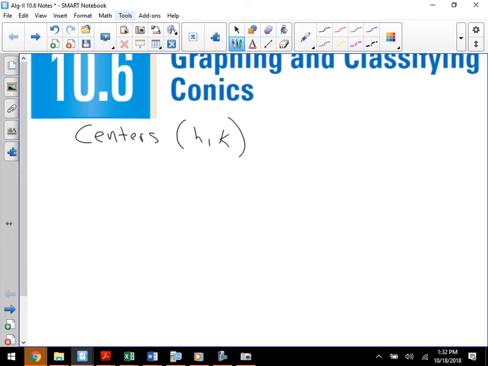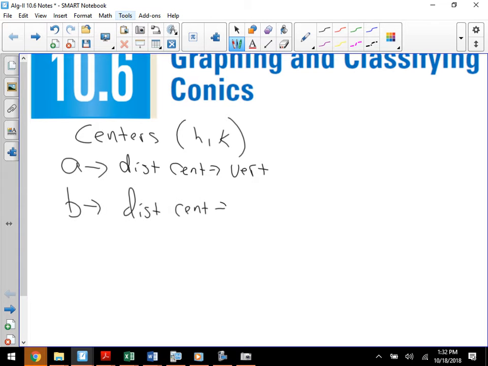We also still have this value of A. The value of A is still the same as it was before. The A values are still going to be the distance from the center to a vertex. Your B value is still going to be the distance from a center to a co-vertex.